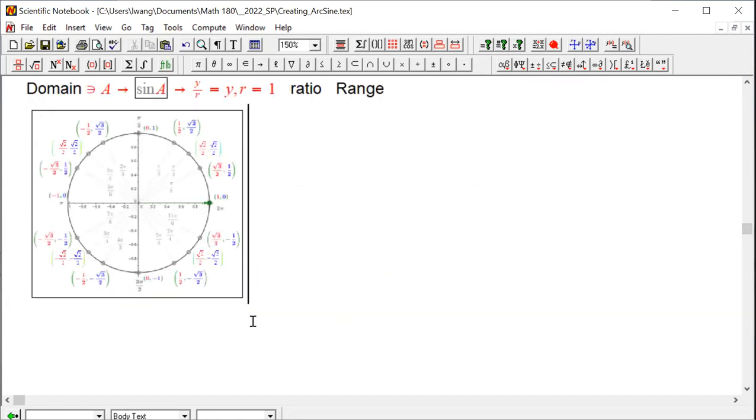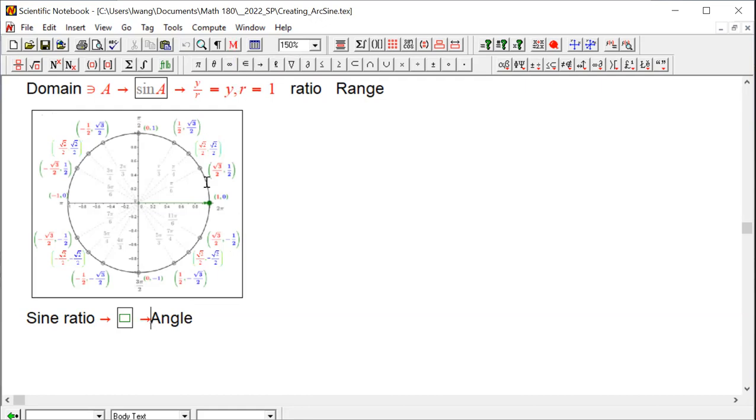The new function we want to do is to go from sine ratio as input and produce an angle.